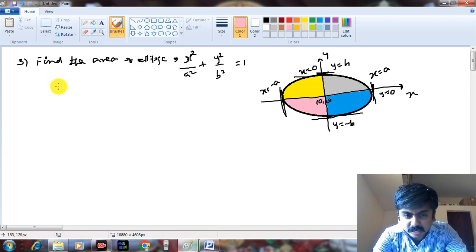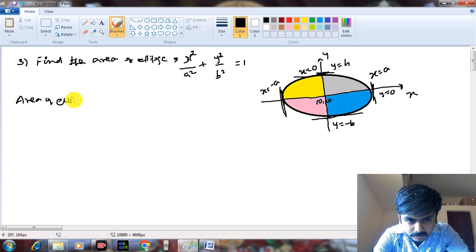So now I have to consider the area of ellipse equal to 4 times the area of one quadrant.